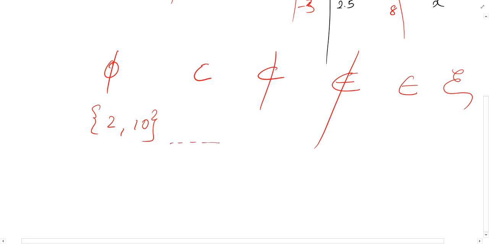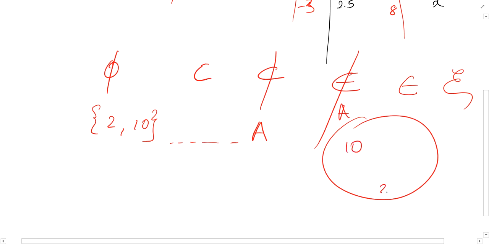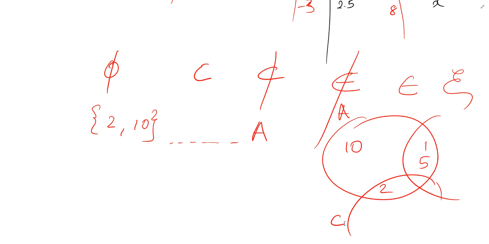Then blank A. So looking at the diagram, this is our A, 10 and 2 over here, 1 and 5. This being the set C. What can you tell me about the set containing 2 and 10 versus the set A?